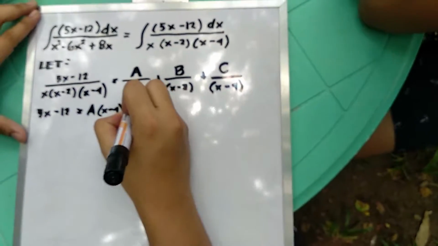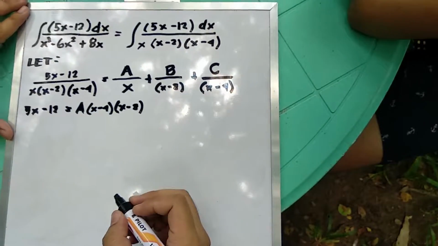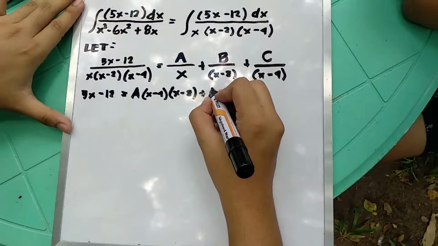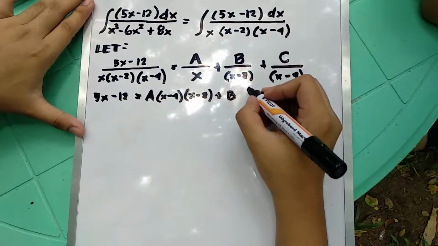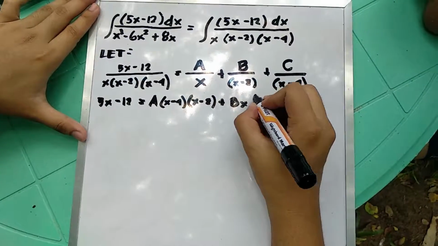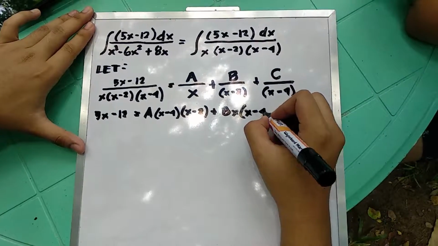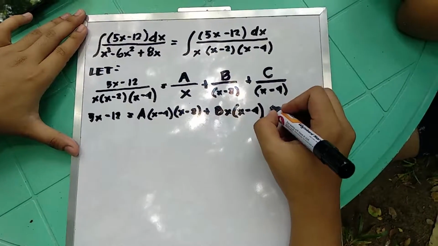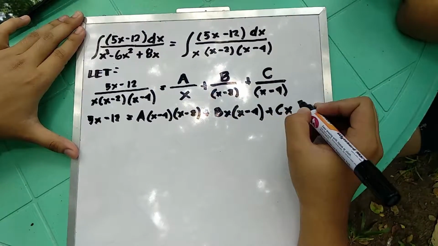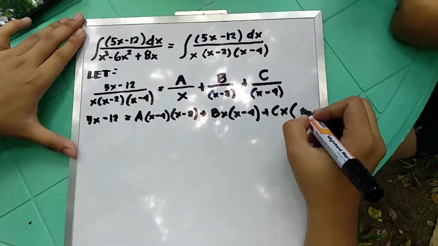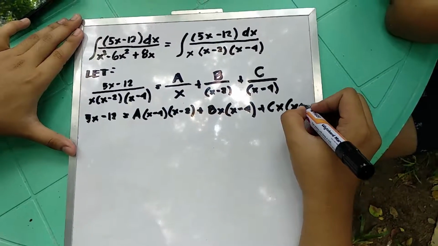We multiply through by the common denominator of the factors and then get rid of all the denominators. Doing that, what is left will be 5x minus 12 equals a times x minus 2 times x minus 4 plus bx times x minus 4 plus cx times x minus 2.